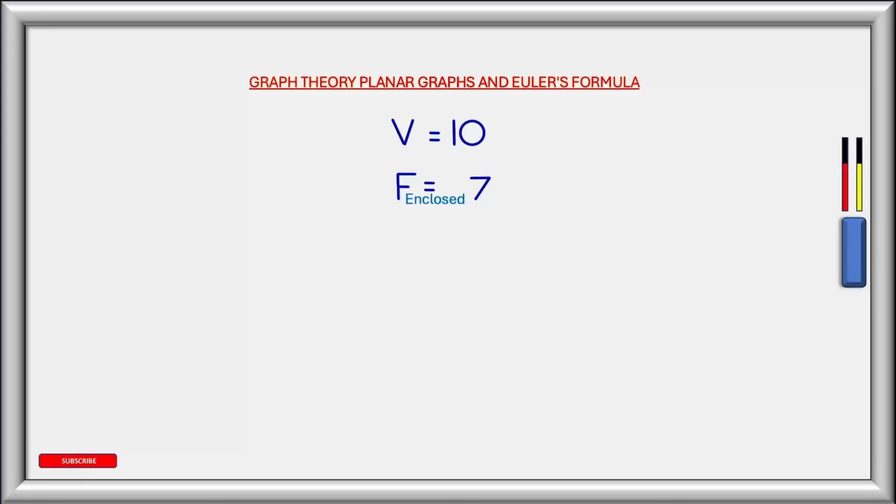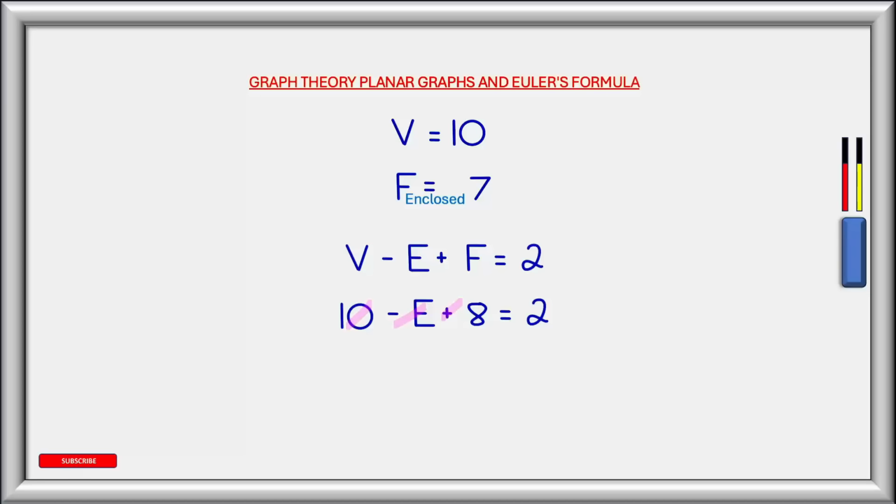However, we mustn't forget about the infinite face. So in our equation, where the number of vertices minus the number of edges plus the number of faces is 2, if we plug in the numbers, we have 10 vertices, an unknown number of edges, we'll just call it e, minus e, plus the number of faces.